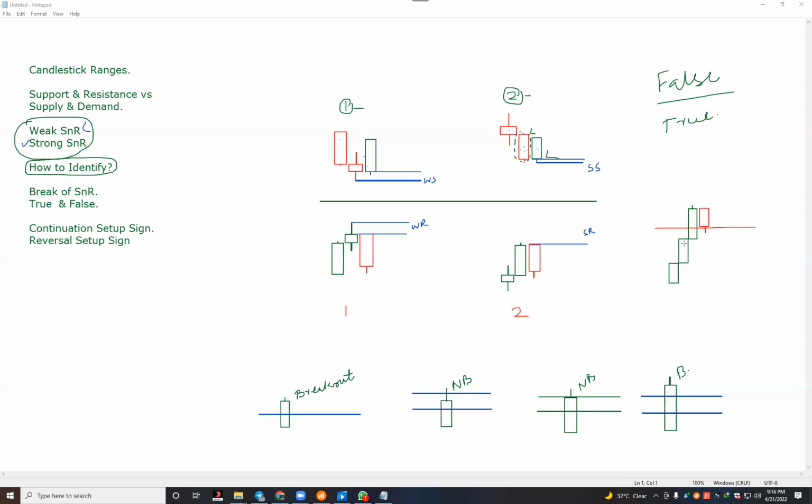The level is, in other words, a key level. And then it moves up. Now, can anyone tell me whether this is a true breakout or a false breakout? It's a true breakout. Everyone agrees? Yes, sir.